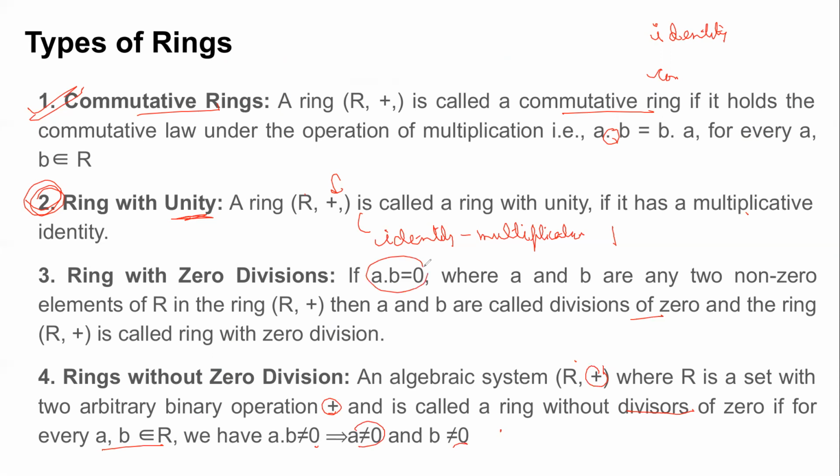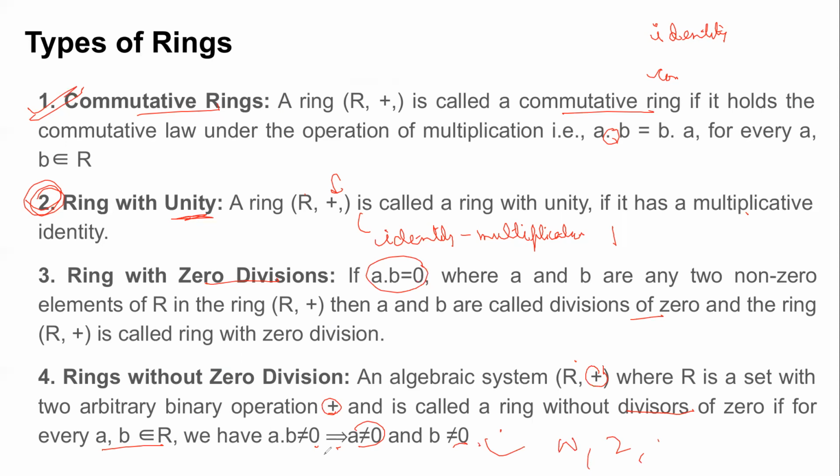If your product is equal to 0, then it is said to be a ring with zero divisors, and if it is not equal to 0, it is known to have the non-divisor property. Normally for natural numbers, integers and so on, you have no zero divisors. As long as the numbers are not 0, you can never have their product as 0.